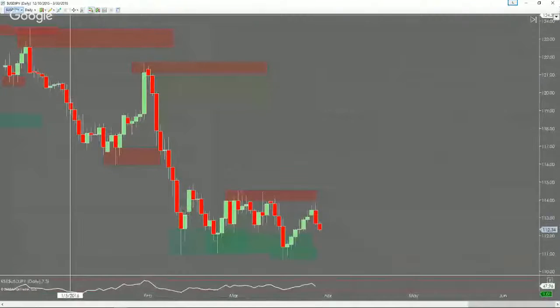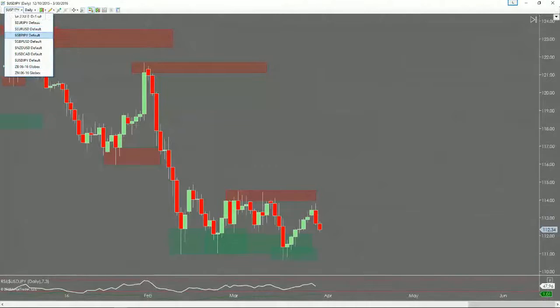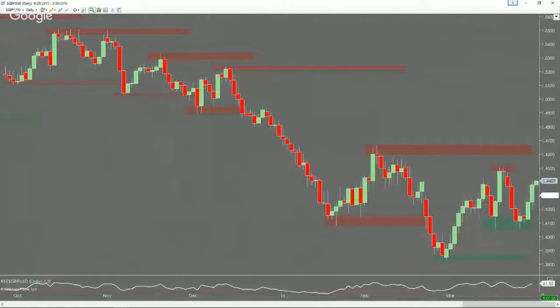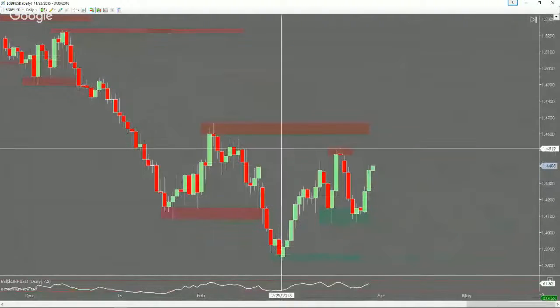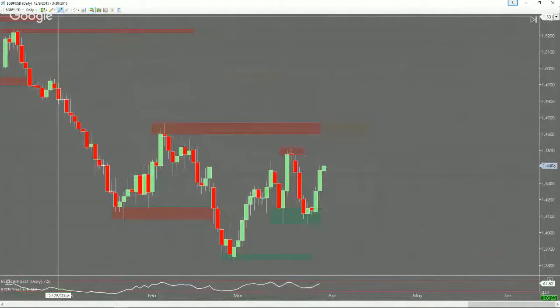So let's go to pound dollar. Okay, it's within those two levels of structure.